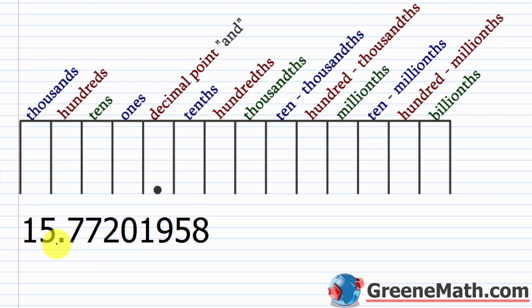All right, we have a really long number now. So we have 15.77201958. So 15, here's your decimal point. Now, I want you to notice something. Again, I want to draw your attention to the fact that the rightmost digit here is in the 100 millionths place.